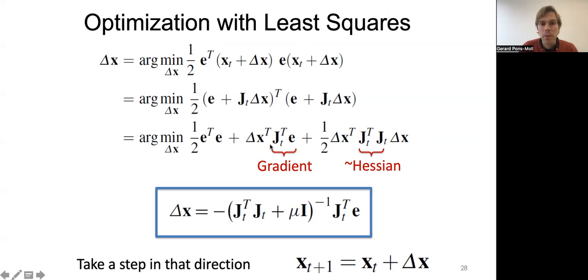Then we should observe here, this is a term that has delta xt multiplying this JtE. And what we should notice is that Jt times the error is the gradient of the scalar error. Okay, don't get confused here. Take some time to digest this.